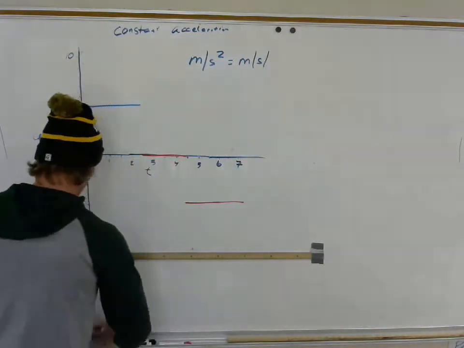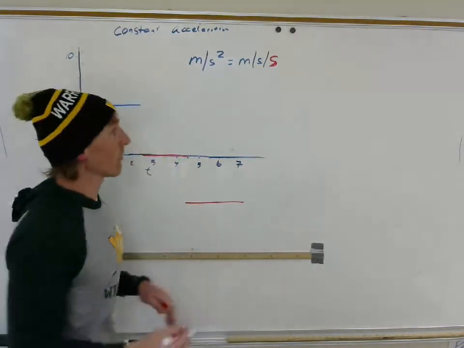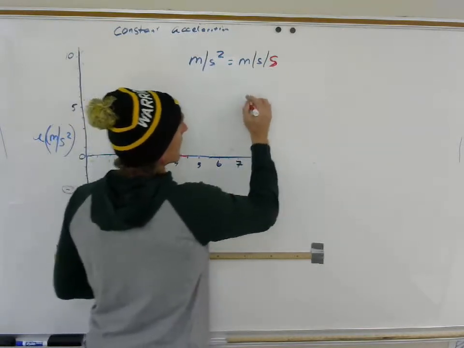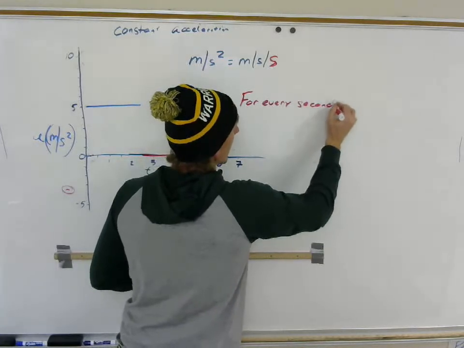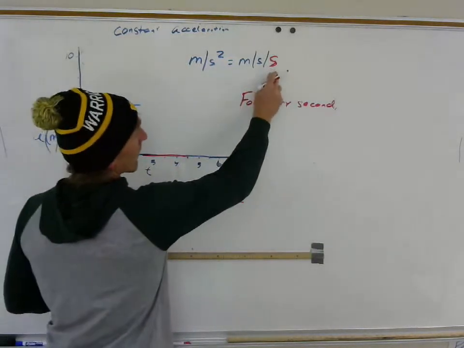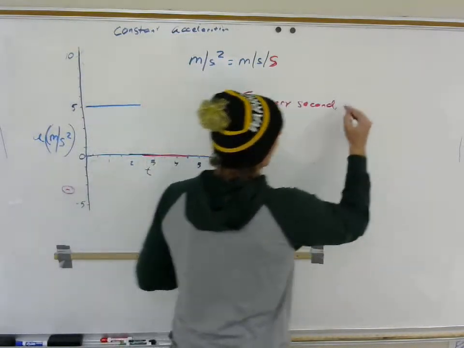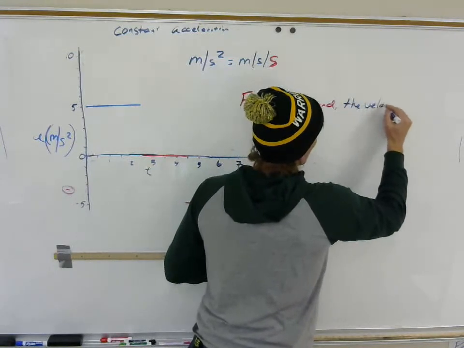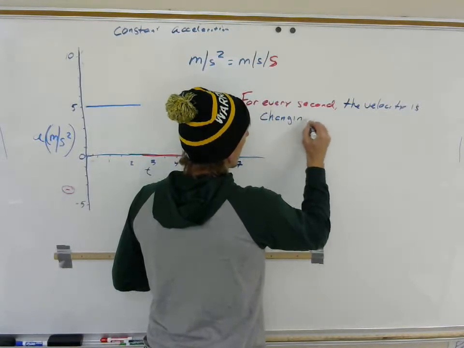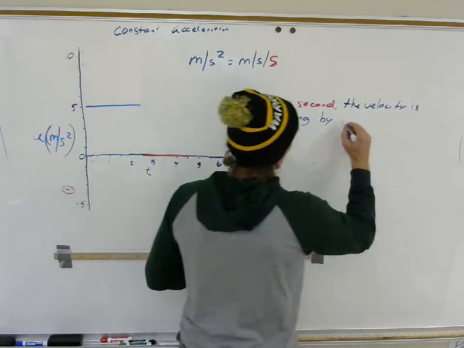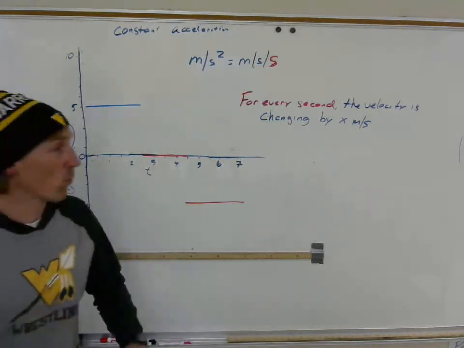So what I like to do is, if we had to say this verbally, for every second, the velocity is changing by whatever it is, x meters per second. All right? So this is really important.